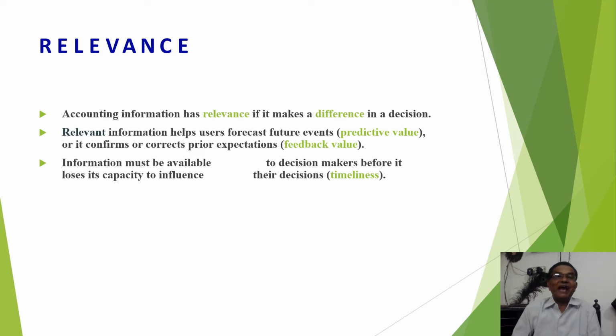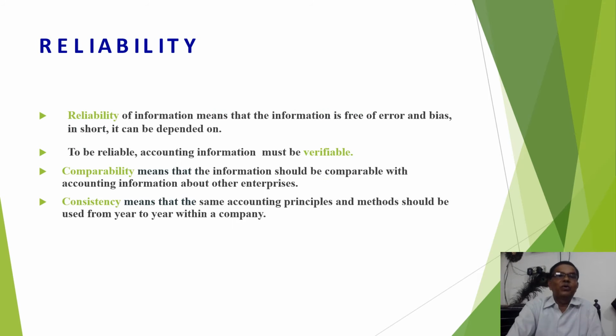This is predictive value, or it confirms or corrects prior expectations. It also gives us feedback on what we did in the past and what the result was. Information must be available to the decision maker before it loses its capacity to influence decisions. It should be timely, because time is money, as we all know.